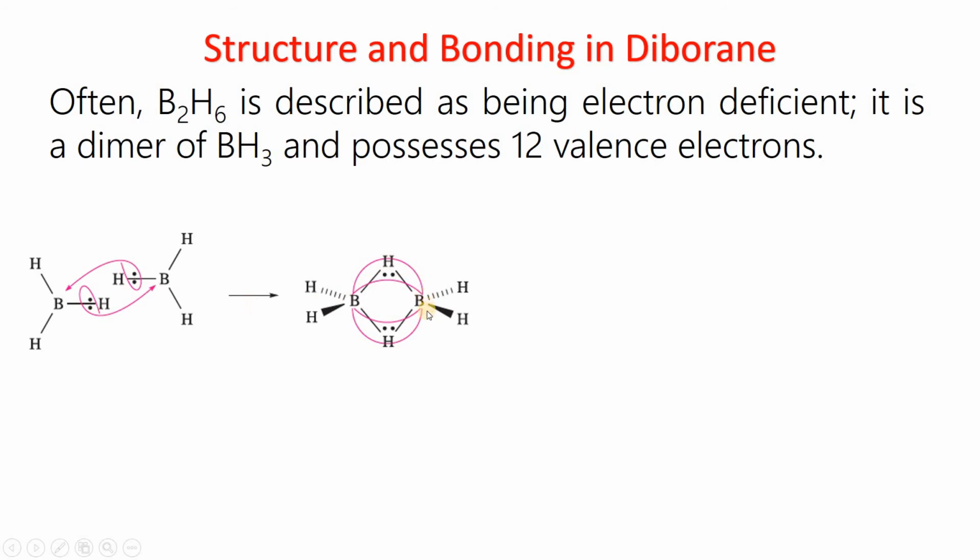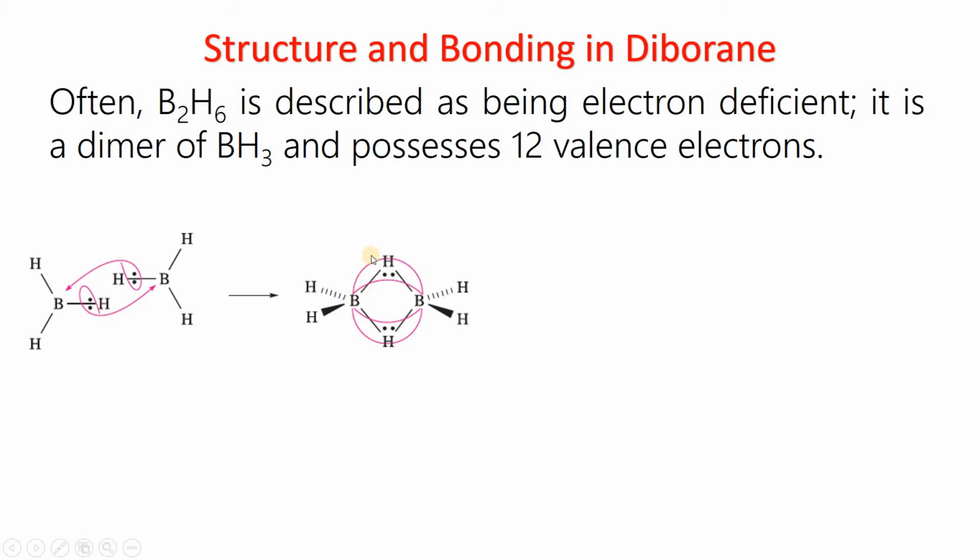We get a structure like this. If you look at the 1, 2, 3 and 4 terminal bonds, they are normal 2 center 2 electron bonds. There are 2 centers, boron and hydrogen, and there are 2 electrons.